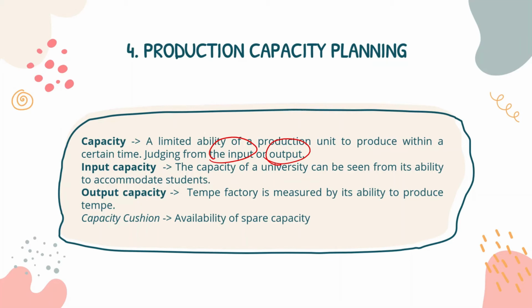When we're talking about output capacity, for example, a tempeh factory is measured by its ability to produce tempeh. So we're talking about the output, I mean, how much tempeh is produced in, for example, one year or a quarter, like that.